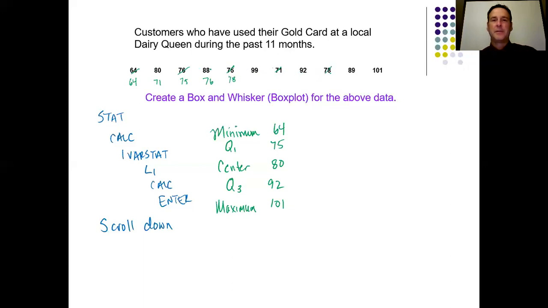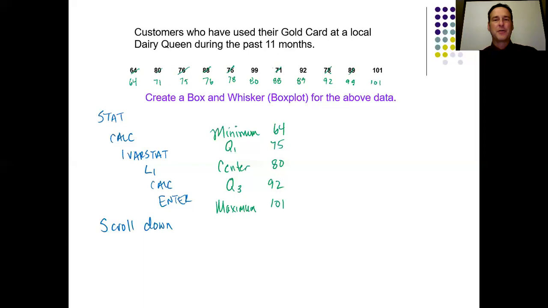And then we have a couple in the 80s. We have 80, 88, 89. 92, 99, and then 101.